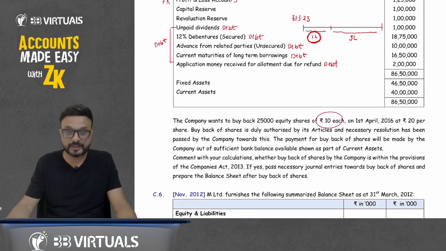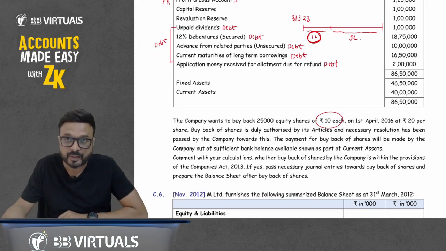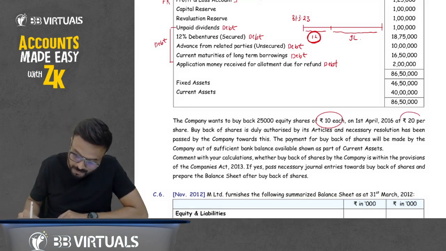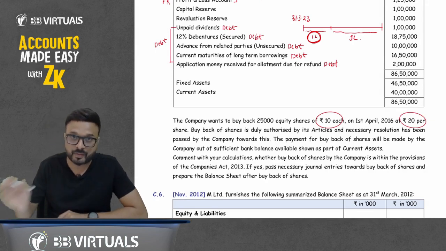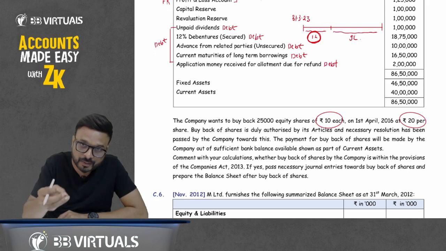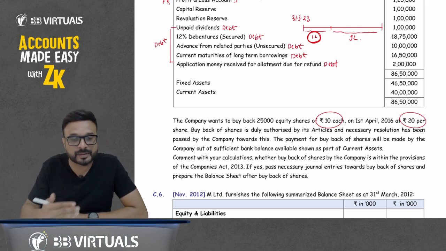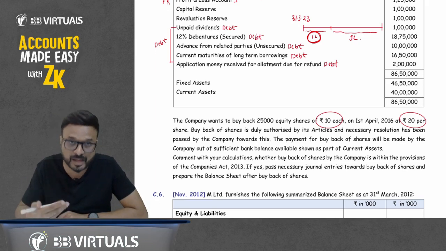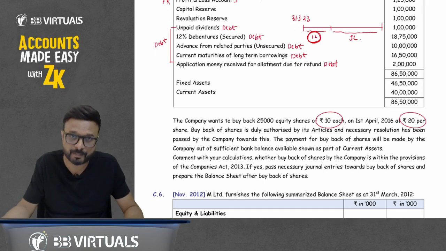Face value is rupees 10 each, and they want to do the buyback at rupees 20. It means rupees 10 is the premium on buyback. The difference of rupees 10 represents the excess amount we are paying, which is the premium on buyback.